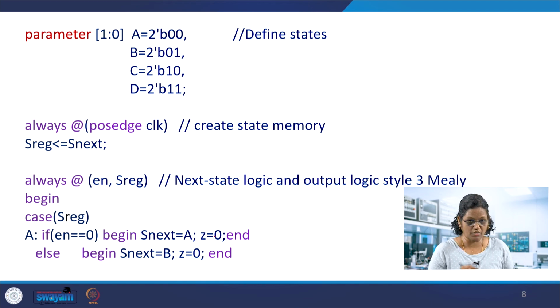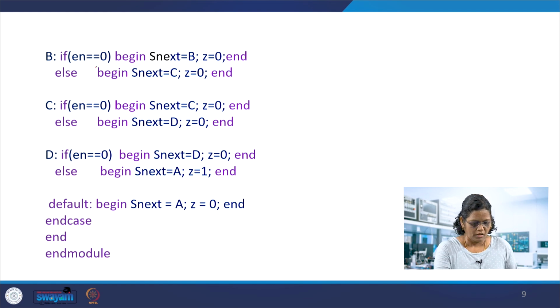Okay, so Z will be updated, and this is sequential. After assigning, Z is getting updated, and SREG also gets updated. So, we have this else condition as well. What should be the next state B and output Z 0. If enable is 0 at B, this is combining the output and the next state logic.